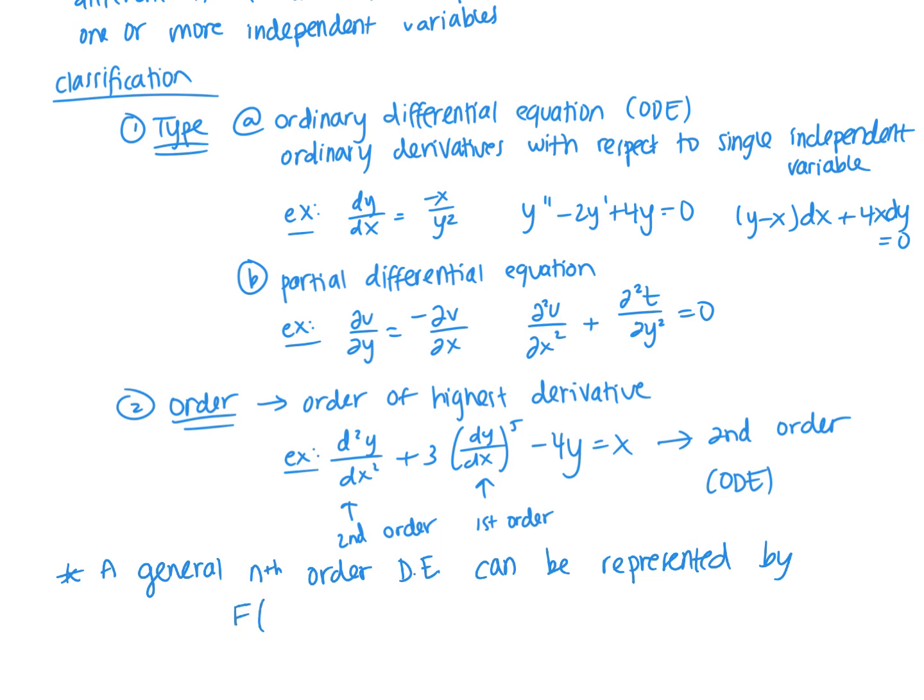It may have x, y, dy dx, second derivative of y with respect to x, so on and so forth, all the way up to the nth order derivative equals 0. So those are the first two ways to classify, type and order.